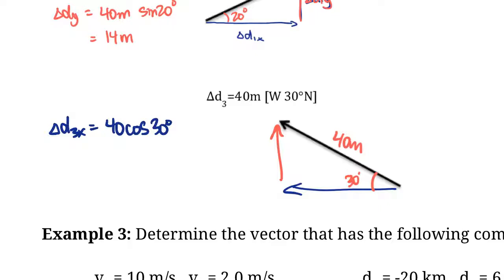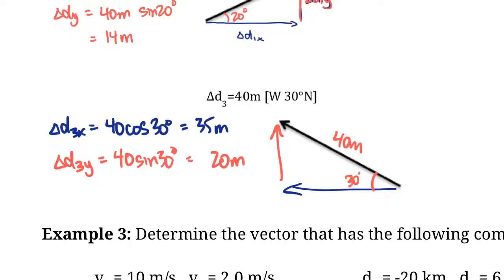In this case, it's the adjacent side, which comes out to 40 cos 30, about 35 meters. And the y component, delta d3y, is 40 sine 30 degrees. Oh, I should know that one. It's 20 meters. It's half, because sine of 30 is 1/2.